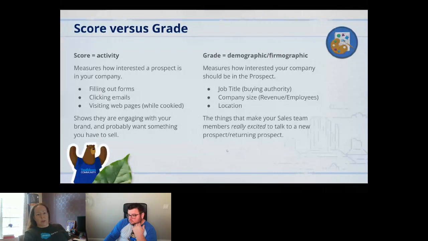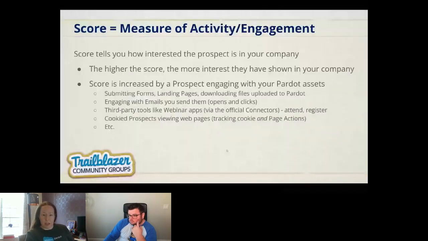So as I noted, score is a measure of activity or engagement with your things, and score is increased. You can set up rules to decrease score, but you really won't come across that on your exam, so I'm not going to cover that. Generally, your score is increased by a prospect who engages with your Pardot assets.